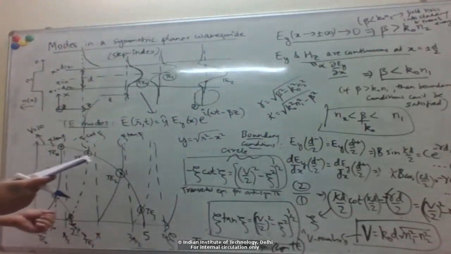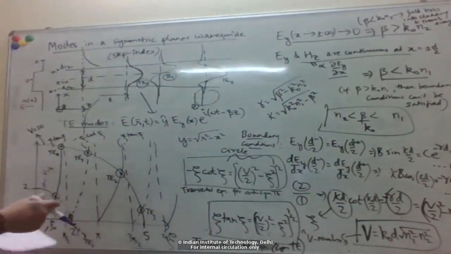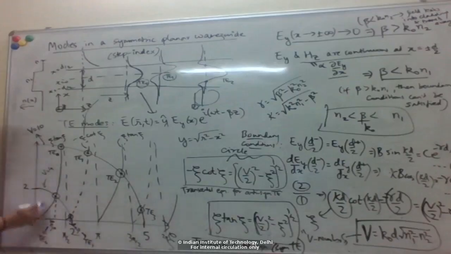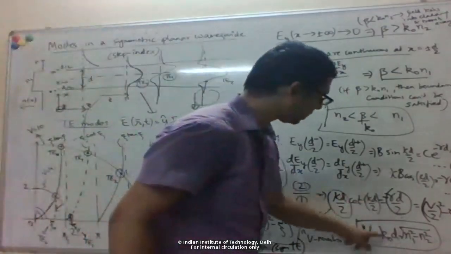So you can see basically that if this V number is greater than m times pi, then the TE m mode exists. So the TE0 mode will always exist, right? Because this curve starts from 0. You can decrease V as much as you want, you'll always get an intersection, right? So V depends on the film thickness and the wavelength.